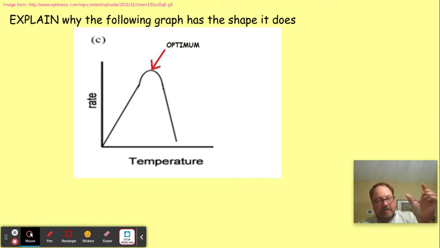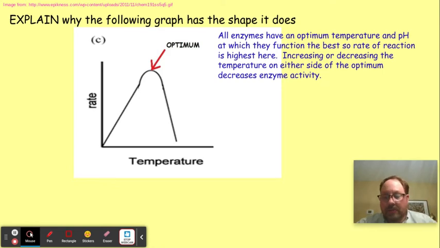So why is there this narrow range where you have the peak rate of reaction? Well, again, you can talk about optimal conditions for pH, temperature, whatever the case may be, and that if the temperature gets too high, you denature the enzymes, and the reaction rate drops off. At too low a temperature, there's lower kinetic energy, so reactions are going to happen more slowly, things like that. So again, they've got explanation there.